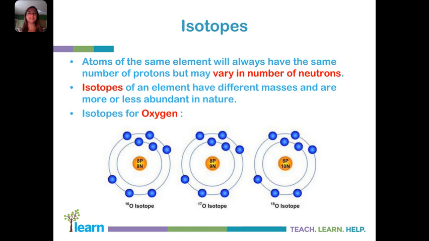For example, the isotopes of oxygen come in with 8 neutrons, 9 neutrons, or 10 neutrons. Of course, oxygen 16 is the most abundantly found on the planet, but we can also find some oxygen 17 as well as some oxygen 18.